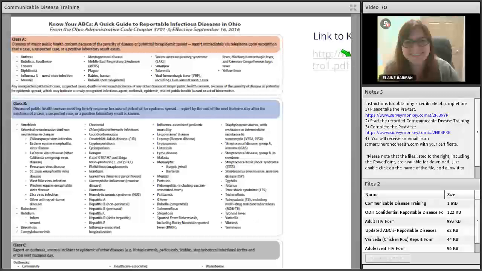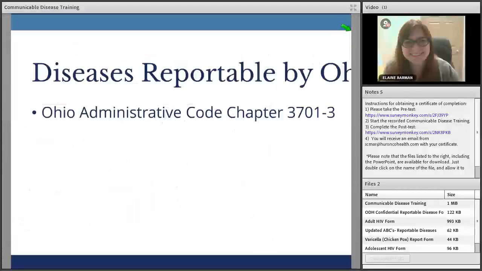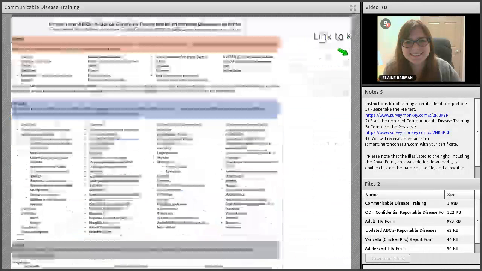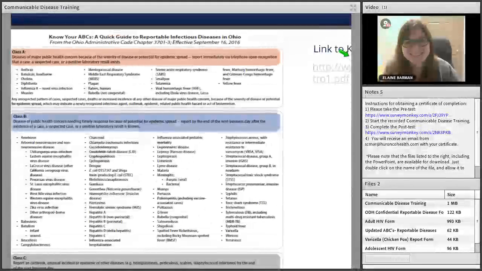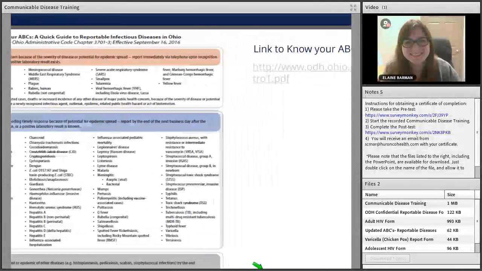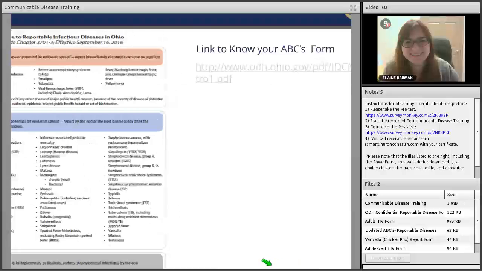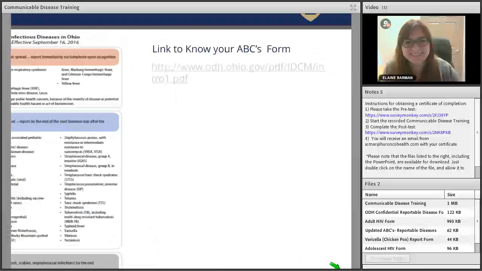Now this form breaks them up into classes. There's 3 classes, Class A, Class B, and Class C. So you can see here's Class C at the bottom, and I'll go through each one of those a little later. And then over here is the Know Your ABCs link.